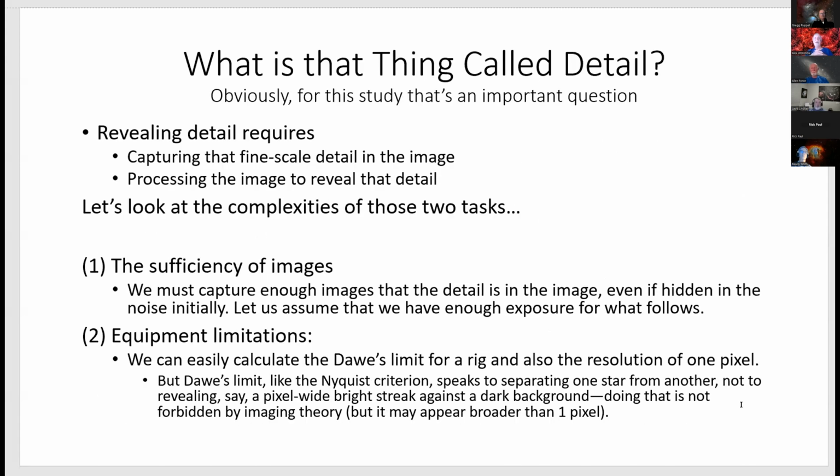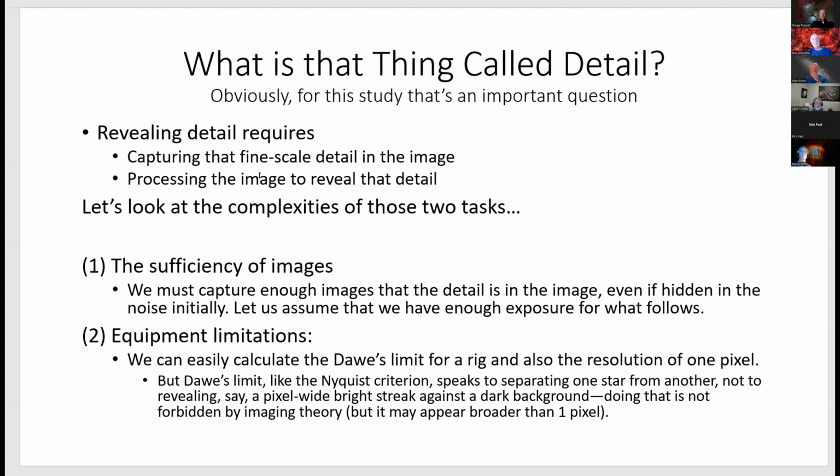Okay. And now I guess we should discuss what is detail. I really couldn't even find a good definition of image detail on the internet. I think we all have a feeling for what it is. It's something at the very fine scales and perhaps at low contrasts, and something that image processing strives to reveal.